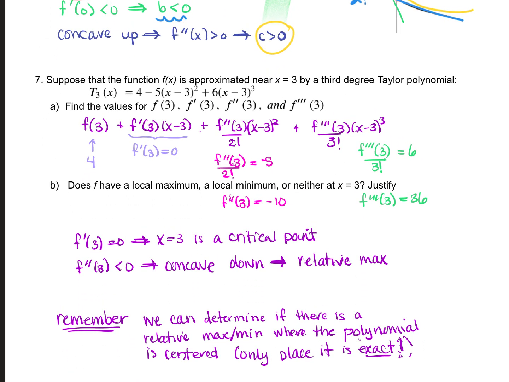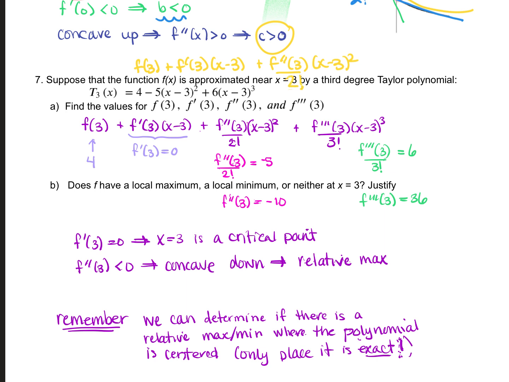This time, they gave you a Taylor polynomial, and they want you to go back and find the derivatives. So again, let's remember what it looks like. This would be f of 3 plus f prime at 3, x minus 3, plus f double prime at 3, x minus 3 squared over 2 factorial, and so on and so forth.